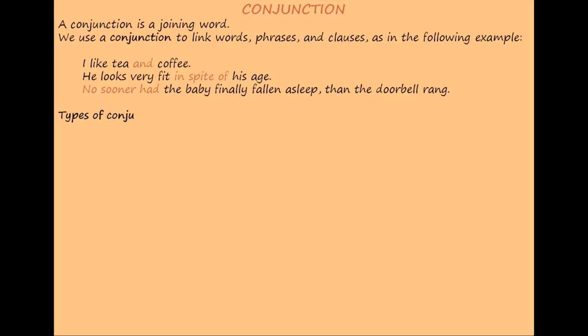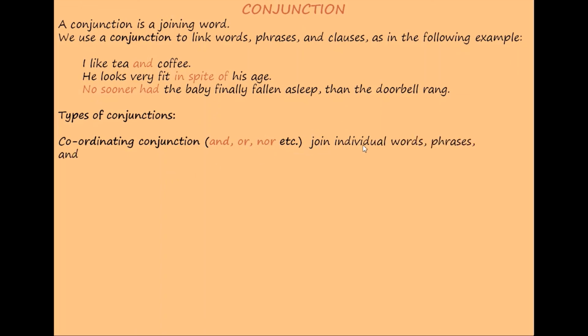Types of conjunction. Conjunctions can be coordinating, such as and, or, nor, and coordinating conjunctions are those that join individual words or phrases and independent clauses.